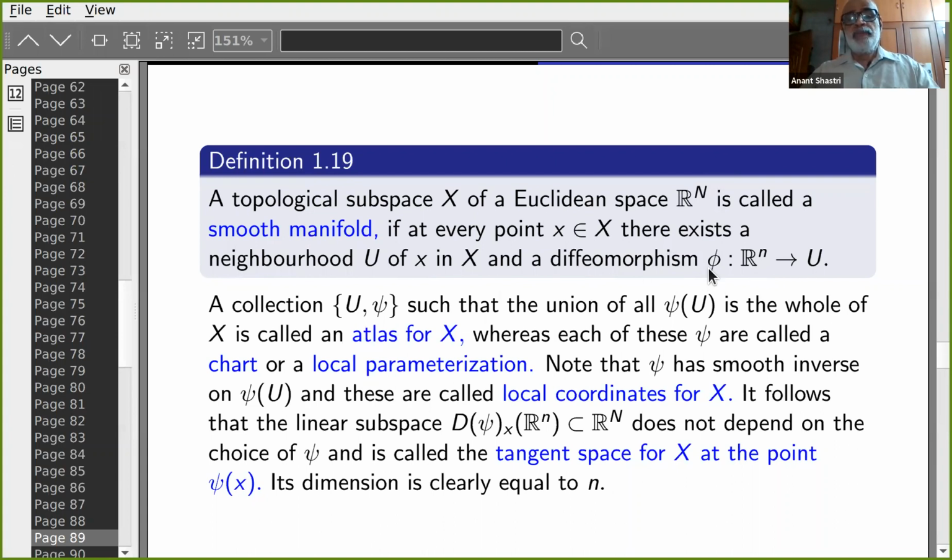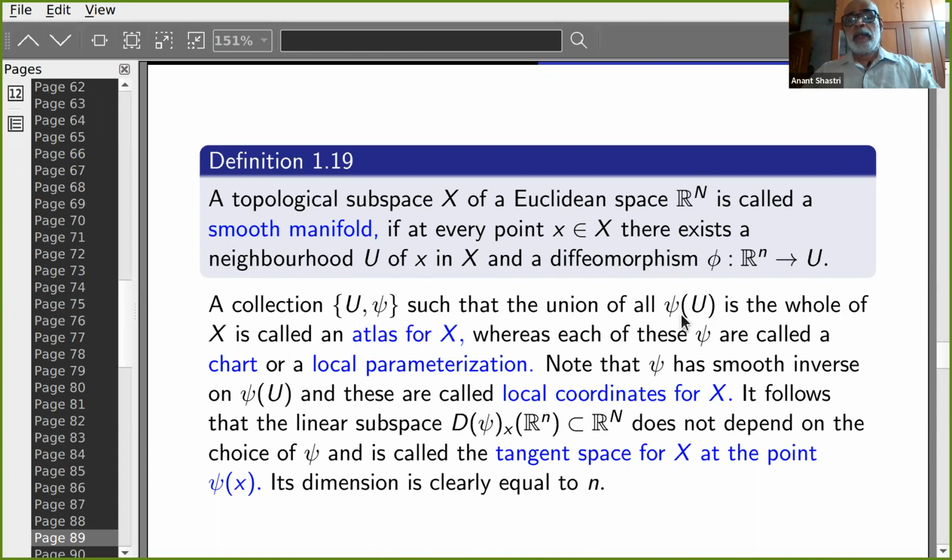Suppose for each of them you have this phi. The inverse you can write as psi, a collection of (U, psi), such that the union of all these psi of U is the whole of X. If that is what it is, such a collection will be called an atlas.